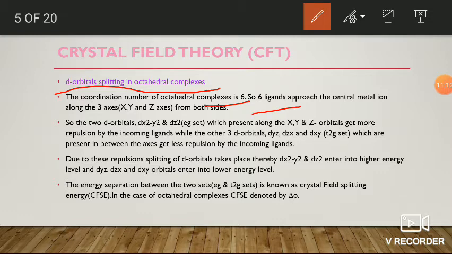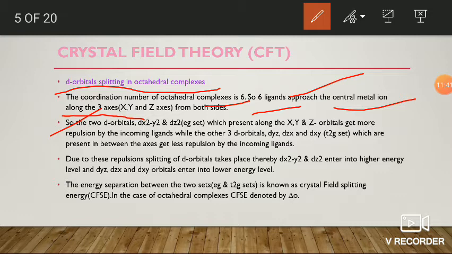During the formation of octahedral complexes, according to CFT, the 6 ligands approach the central metal ion along the 3 axes, that is the x, y, z axes, from both the positive as well as negative ends.